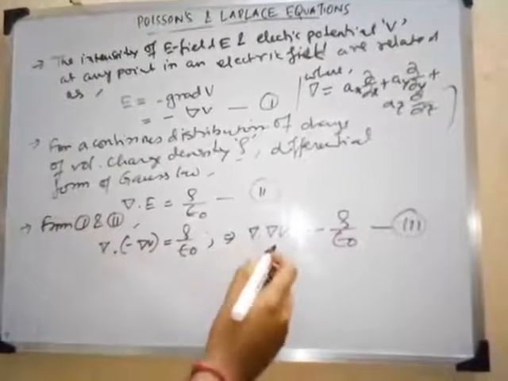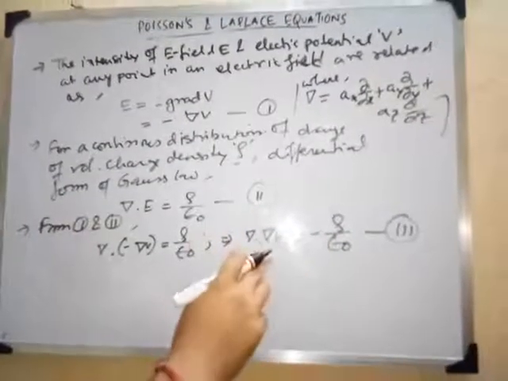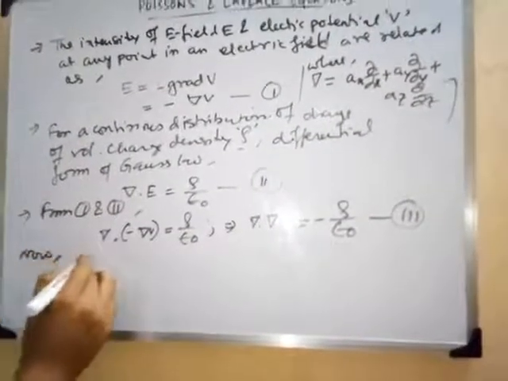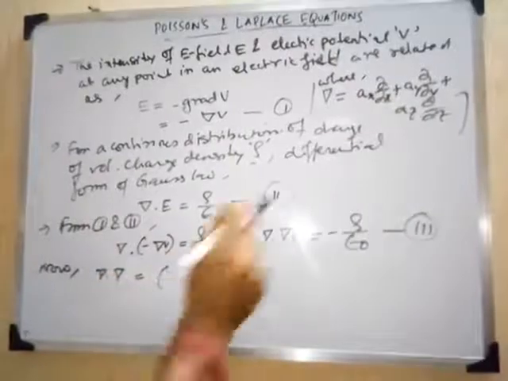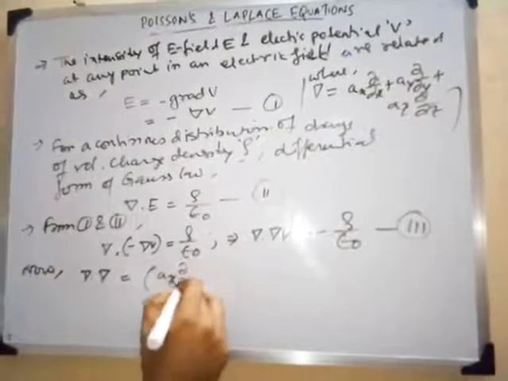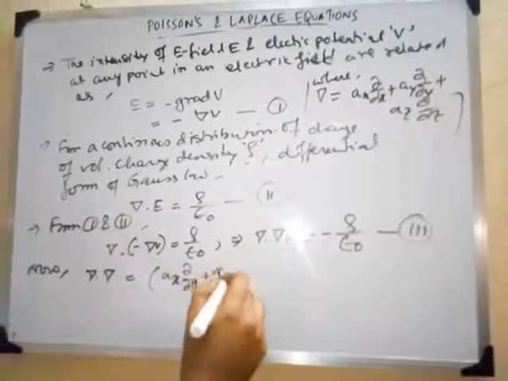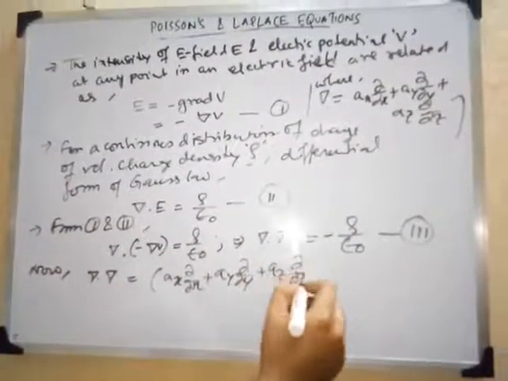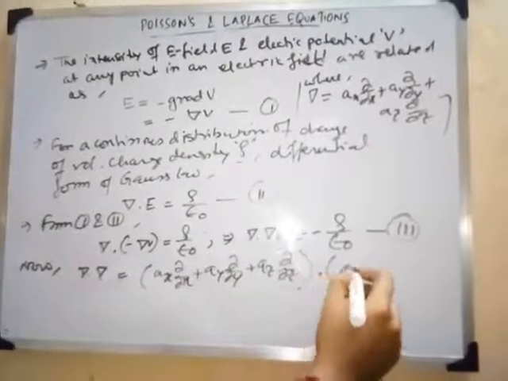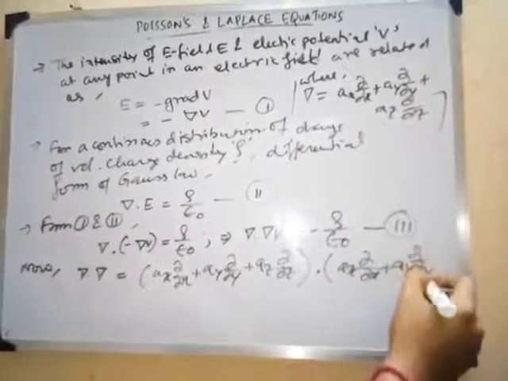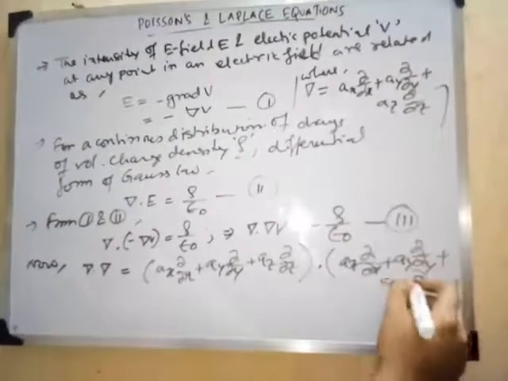Now let us find out what is the value of this del dot del, right? So now del dot del is equal to, we write the expression for the del operator, ax del/del x plus ay del/del y plus az del/del z, dot of ax del/del x plus ay del/del y plus az del/del z.